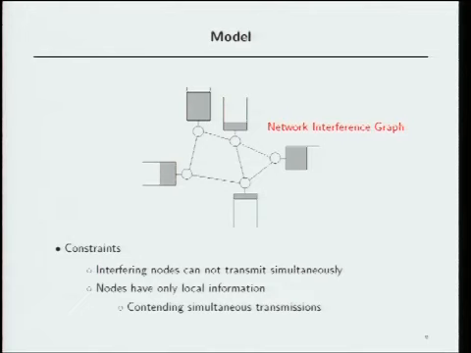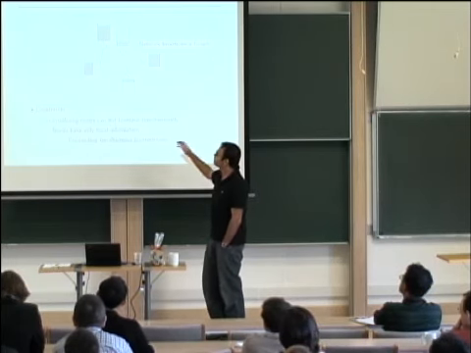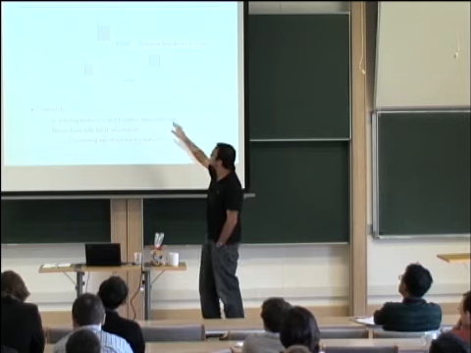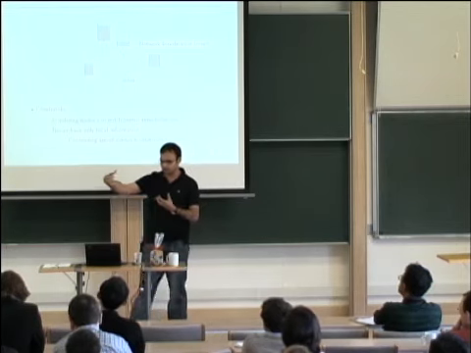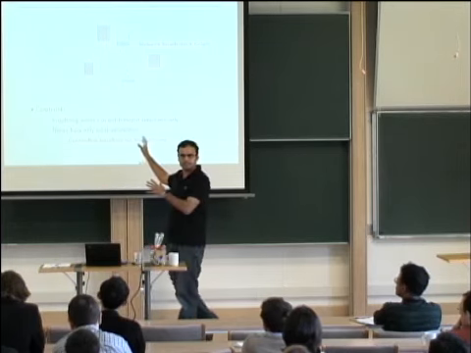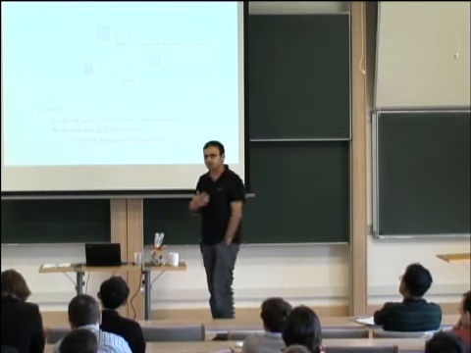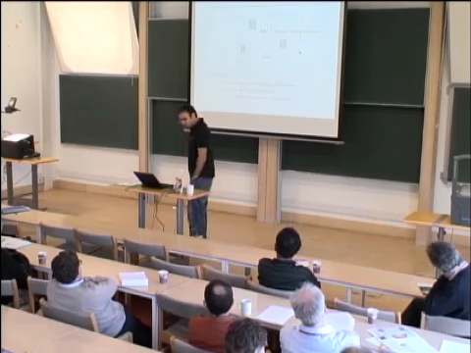One way to think of it is an interference graph, which is a simple abstraction of this model, where nodes are, again, wireless nodes. Edges between them represent that these two nodes cannot transmit simultaneously. I'm going to assume this simplistic model. Of course, one can imagine more complications coming with technology, but at the bottom of it, it's this simple model that matters.